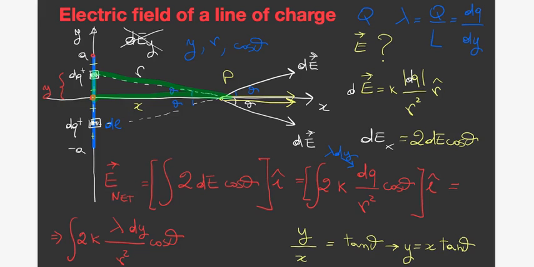And so far I'm good because I will need to know how much is my dy. So dy is equal to x times the derivative of the tangent, which is the cosine squared of theta in d theta. And that is a dy that I can add perfectly here.